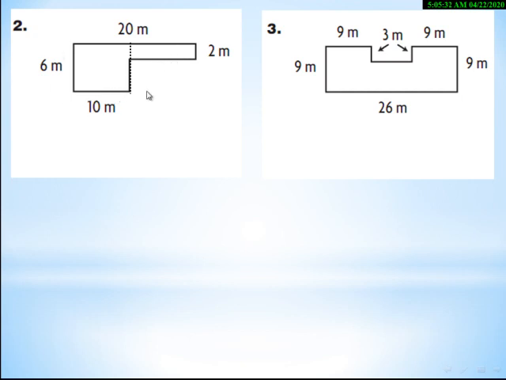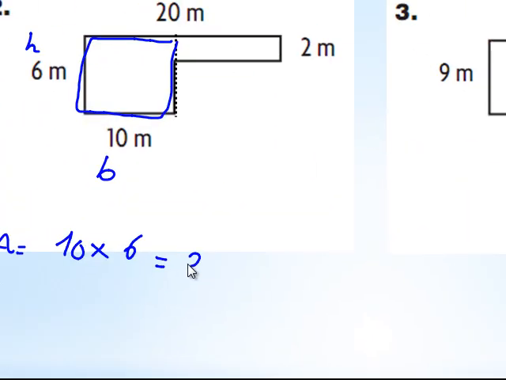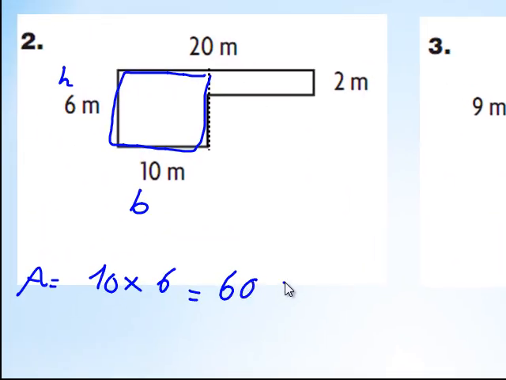For the first rectangle, I don't have any problem. Easily you will find its base and its height, then its area, base times height. 10 by 6 equals 60. 60 what? Square meters, according to my unit.